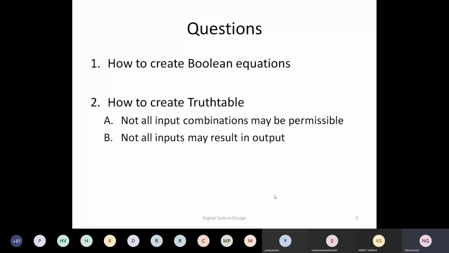So this truth table has this particular major challenge, that if I am trying to enumerate all the combinations, in some combinations the specification is not clear essentially. The specification, my English specification, does not say what would happen in those cases. So I'll give you a very quick example.